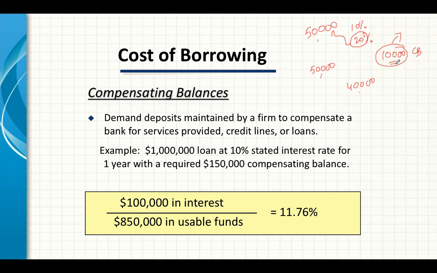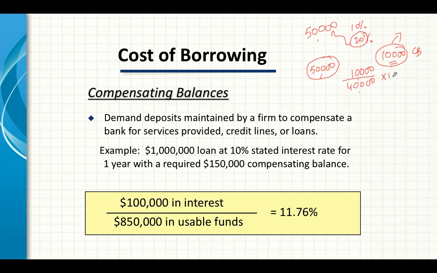On this, most banks do not pay you interest, but interest will be charged on the total amount. So how much interest are you paying here? 10% of 50,000, which is 5,000. On how much balance did you use in the business? 40,000.